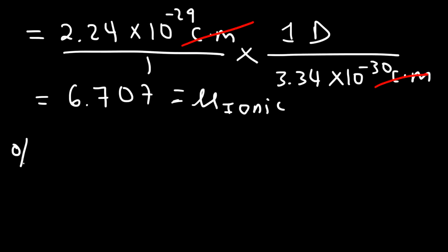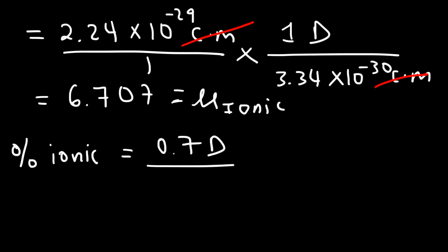Now let's calculate the percent ionic character. So it's going to be the experimentally observed dipole moment, which we said was 0.7 debye, divided by the dipole moment if they were purely ionic, and that's 6.707 debye times 100%.